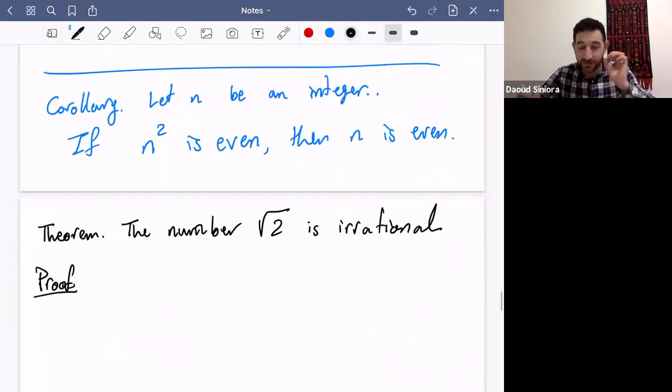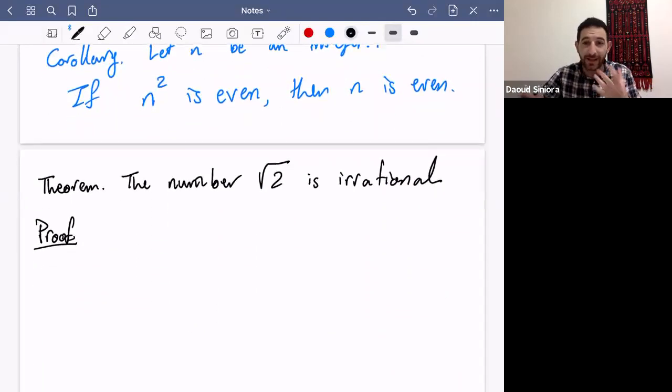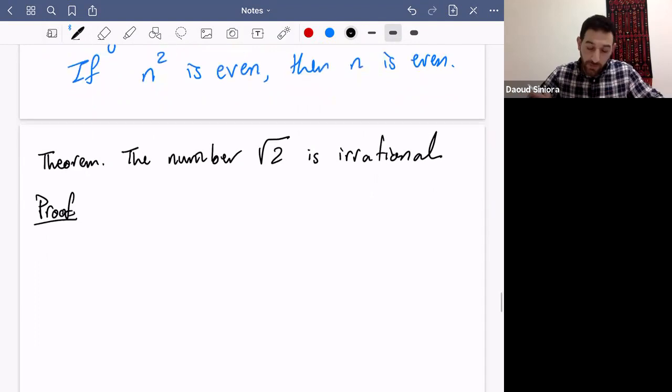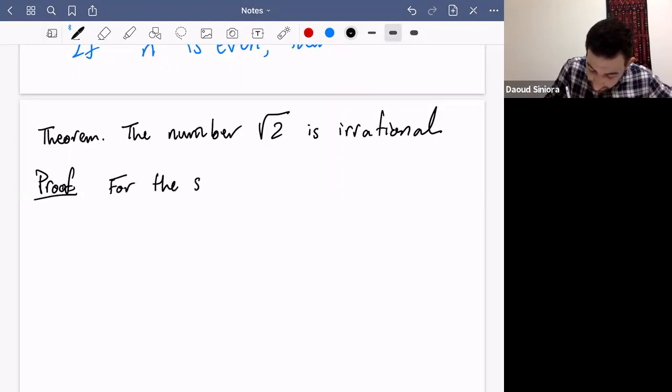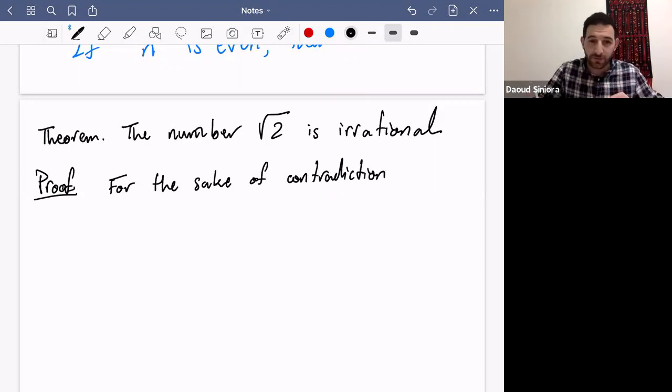Now we want to prove that this number is irrational. That is, it can't be written in the form of an integer over an integer. Okay, so we will prove this by contradiction. We start our proof by saying, for the sake of contradiction, suppose our statement alpha is false, so that the square root of 2 is not irrational, which means square root of 2 is rational.